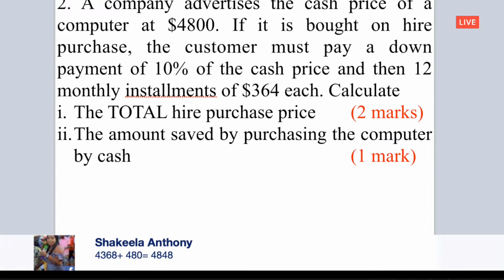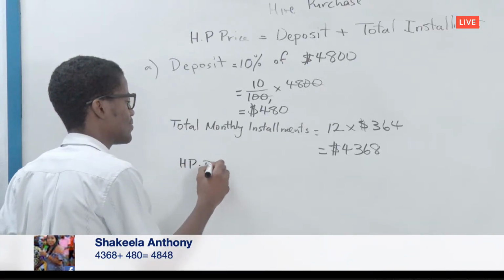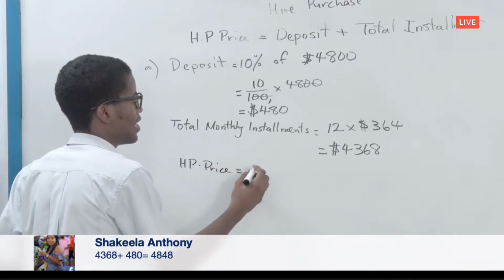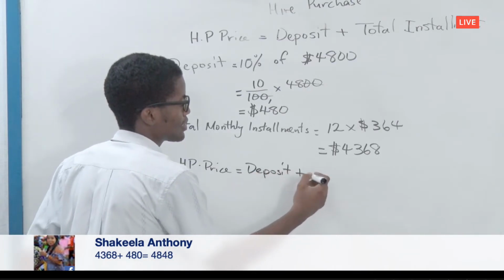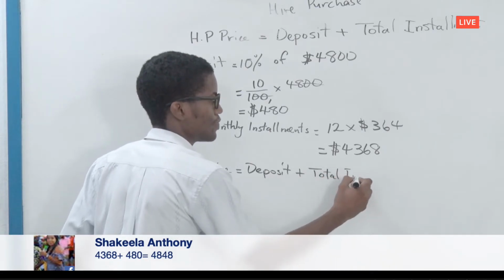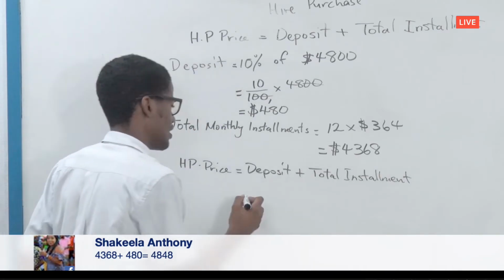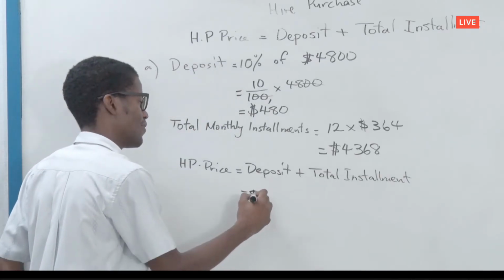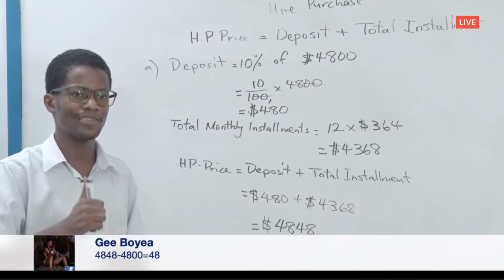Now we have to add it to our deposit. So our hire purchase price is our deposit plus our total installment. Our deposit is $480 plus, well done.